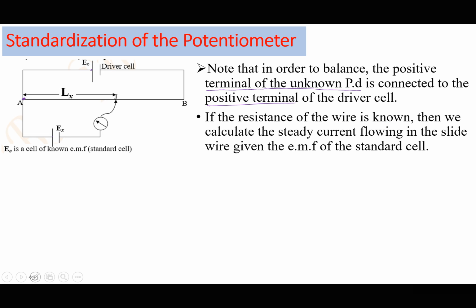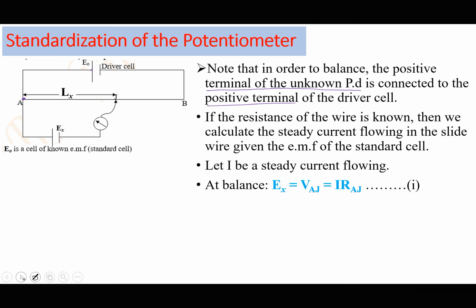If the resistance of the wire is known, then we can calculate the steady current flowing in the slide wire given the EMF of the standard cell. For example, let I be the steady current, the current flowing through the wire. Then at balance, of course, we know that the EMF of the cell is the same as the PD across AJ, as we have already seen.